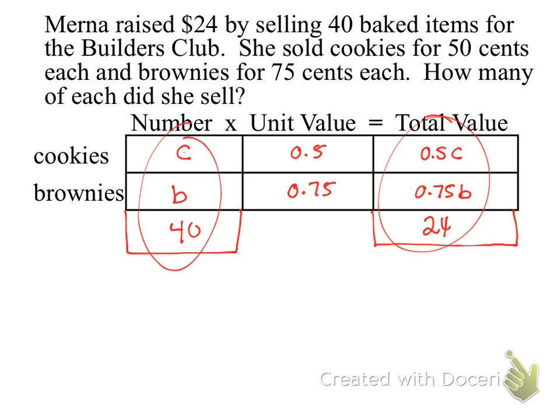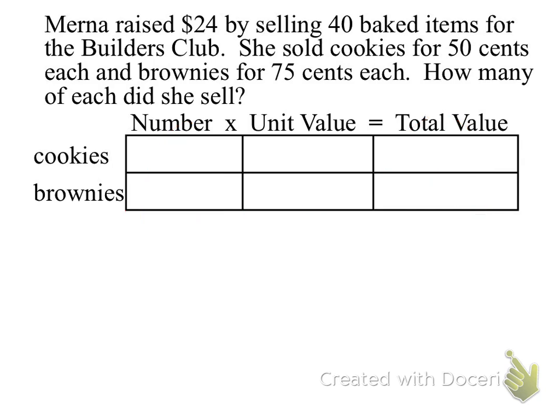Got it? All right. If you want to keep watching. Now, my PowerPoint uses X and Y, but I really recommend you keep using C and B. So we're filling in the unit value, the money.